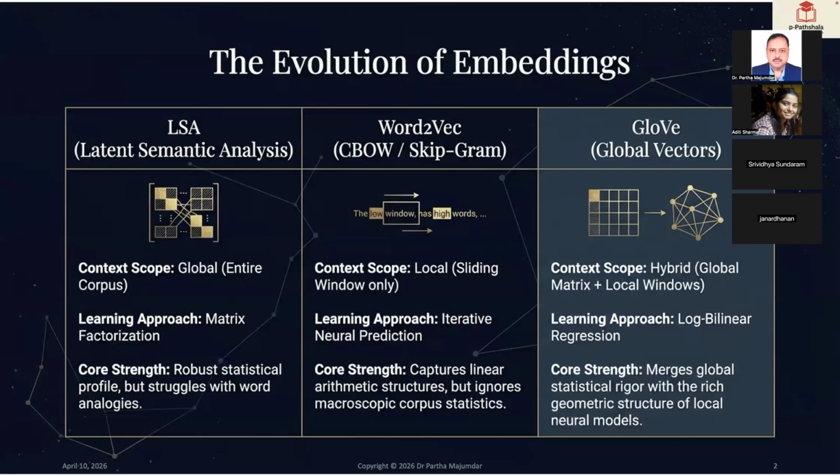GloVe basically stands for Global Vectors. We are still in the business of creating embeddings, and like I'm telling you, embeddings are the first step towards building an LLM, because an LLM is nothing but a very deep neural network, and we will see how deep and how shallow we can make it.